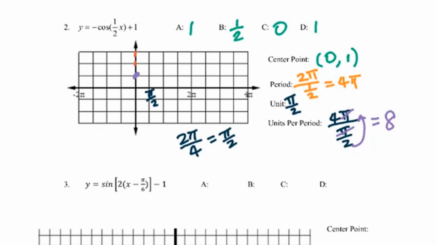Then we will form a new coordinate plane. Then from the center point, you will get 8 units. Count that 1, 2, 3, 4, 5, 6, 7, 8 here. Then half, half, half. For A equals 1, that's over here.